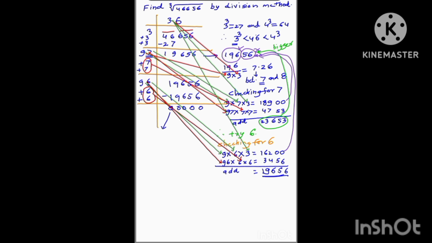You are getting a remainder 000. As the remainder is 00, what information does it give? It gives that the given number, 46656, is a cube number or has a perfect cube root.